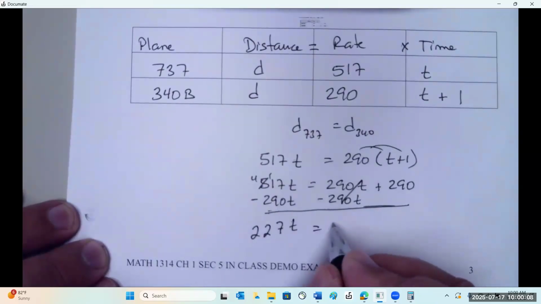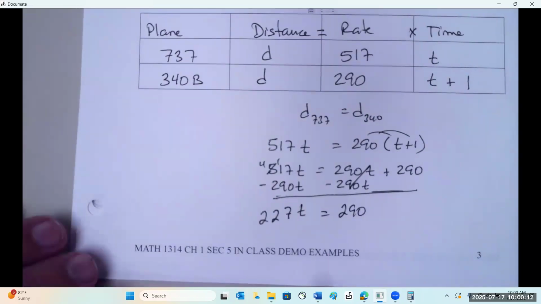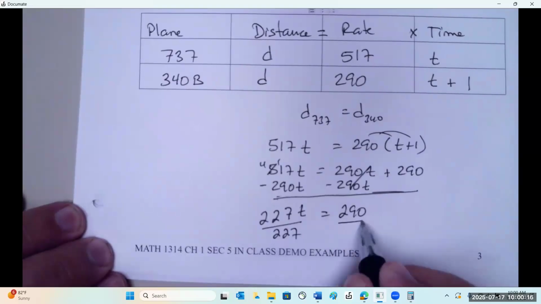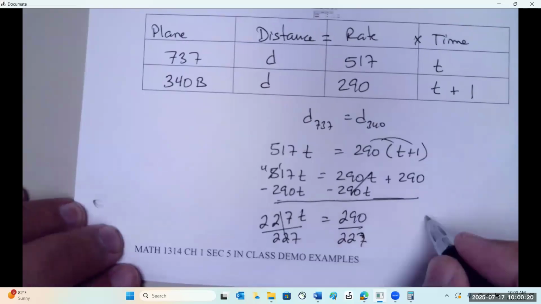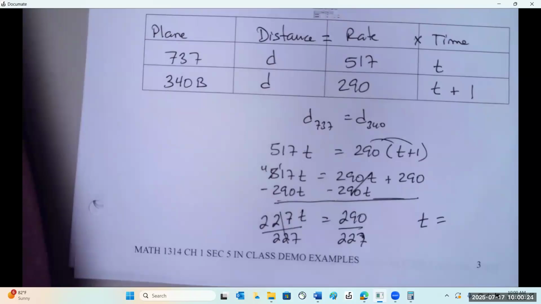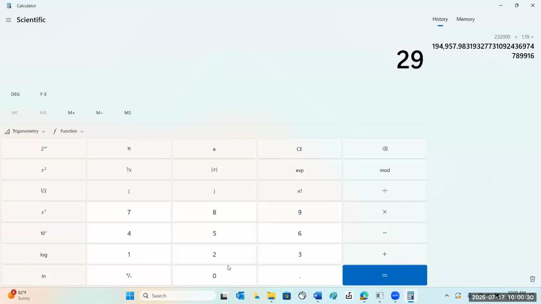So it's 227t equals 290. Divide both sides by 227. So we have 290 divided by 227.